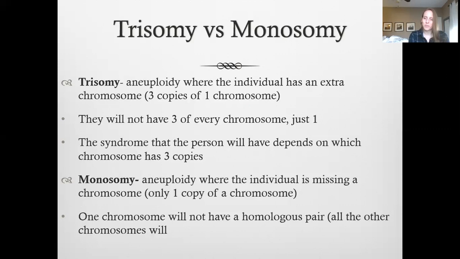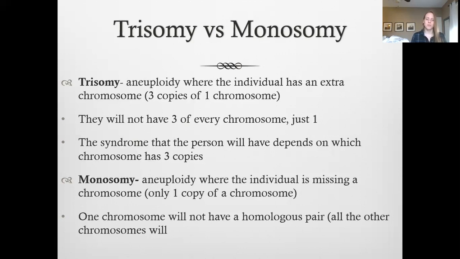If the aneuploidy is the type where that individual has an extra chromosome, that's called trisomy. So trisomy means that you have 3 copies of one of your chromosomes. You would still just have 2 copies of all the other ones, but one of your chromosomes would have an extra copy. And the syndrome that that person would have would depend on which chromosome has that extra copy.